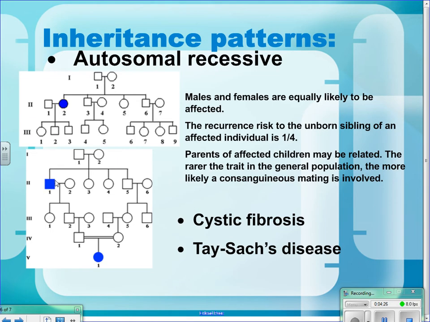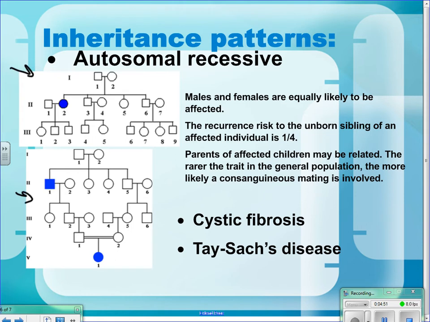Autosomal recessive: again, males and females are equally likely to be affected. With autosomal recessive, the risk to unborn siblings of an affected individual is 1 in 4. So we see these less in the pedigrees. In both of these cases, we see the condition less.